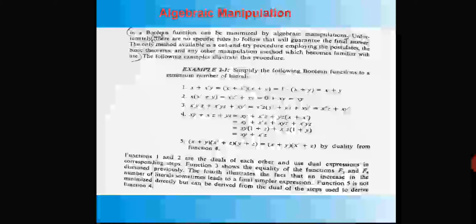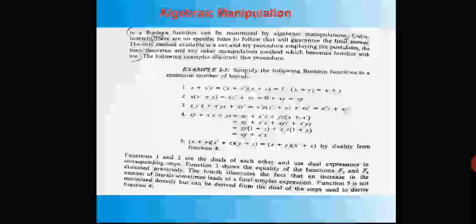You have to take the common terms, go for some expressions, and try to reach the particular postulate so that you can minimize the total expression into smaller parts, and then you can build your own truth table and logic circuit. Such kind of questions can be possible. So if you want, I will give some assignments, so you can try on your own. If you have any doubt, you can approach me.